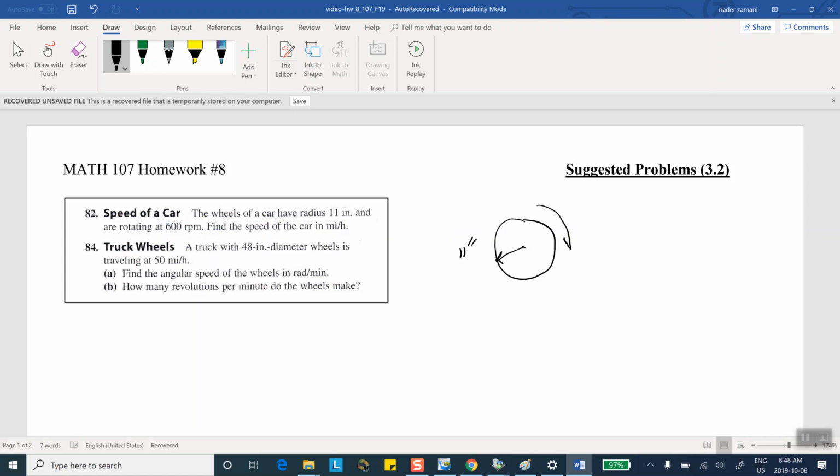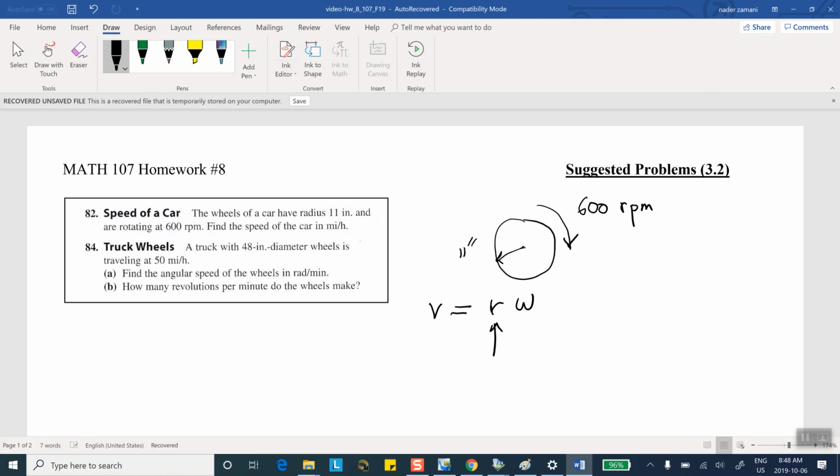So it rotates like this at 600 RPM, and RPM stands for rounds per minute. What it's asking is: what is the speed of the car? Now we know that the speed of the car is given by velocity, V equal to R omega.